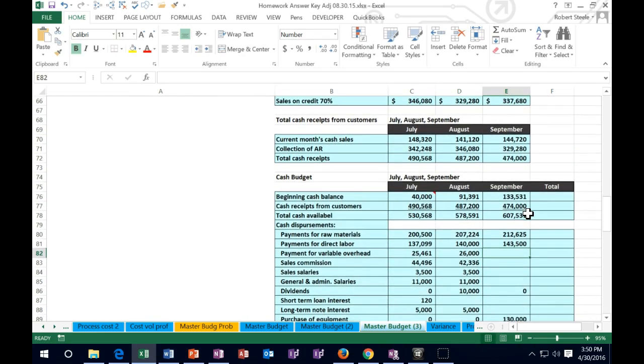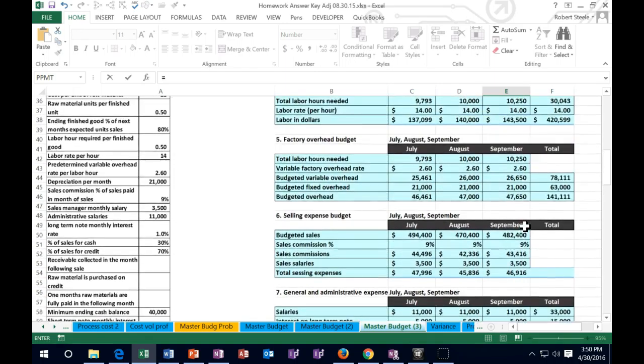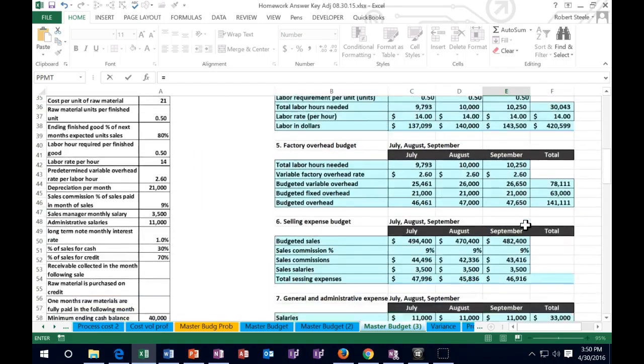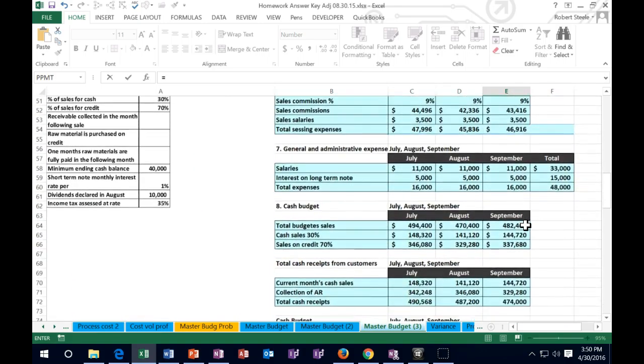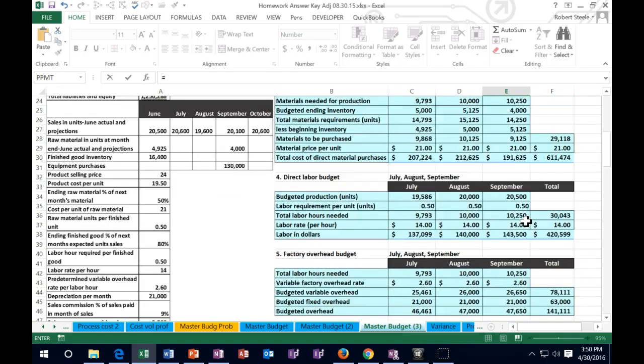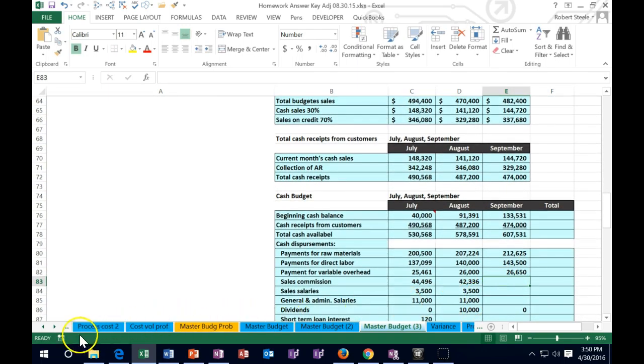Then we're looking for payments for the variable overhead. That equals, and we're going to scroll up to the variable overhead number. So we're going to scroll up to where we calculated the overhead, which is here. Here we go. And we got the variable portion, the 26,650, that is entered here.